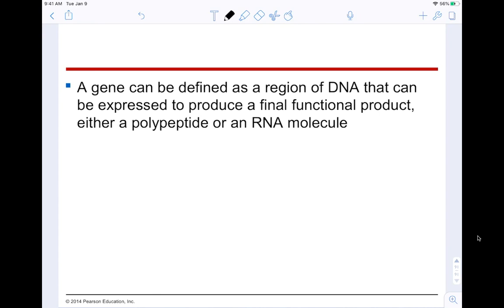So a gene can be defined as a region of DNA that can be expressed to produce a final, functional product, called a protein, either a polypeptide or an RNA molecule, just depending on the type of organism and which gene it is specifically. So basically, a gene is a section of DNA that can result in a functional product that's typically a polypeptide or RNA-containing molecule.